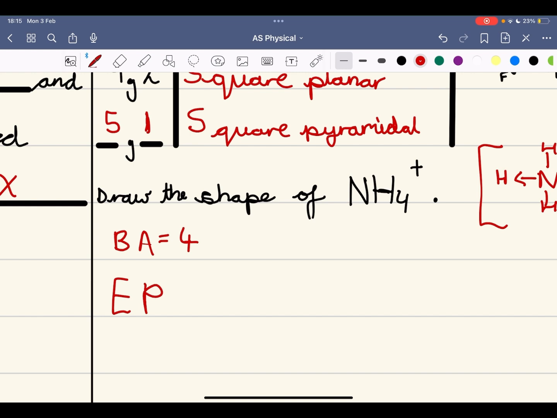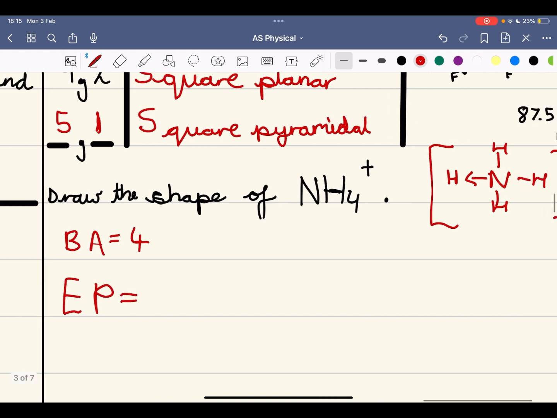The number of electron pairs is equal to the group number of the central atom, which is nitrogen, and that's 5, plus the number of bonds, so there's 4 bonds, and then you take away the charge, so the charge is positive 1, so you take 1 away, and you divide all of this by 2, and we get 4 electron pairs, okay?